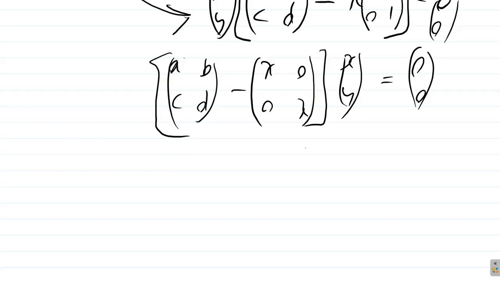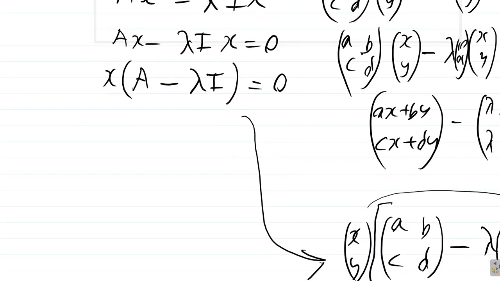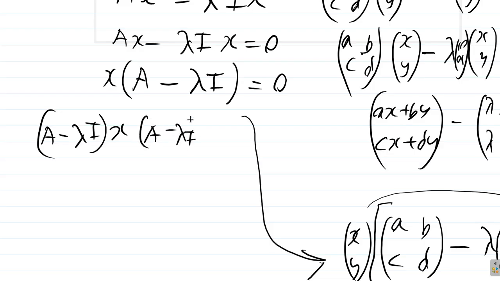So in this case, looking back at the symbols used, you'd have to say (A minus lambda I) times x times (A minus lambda I) inverse equals 0 times (A minus lambda I) inverse.